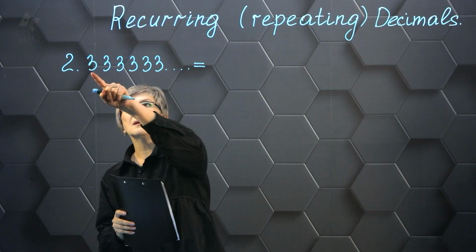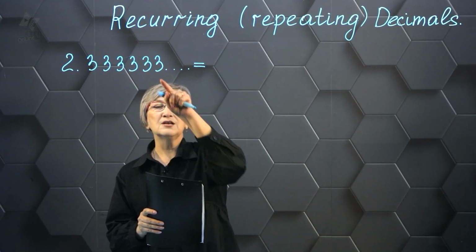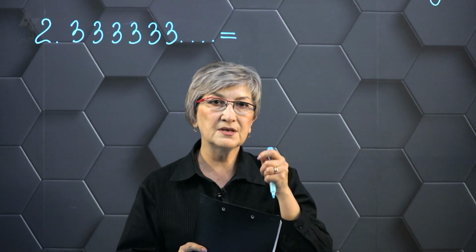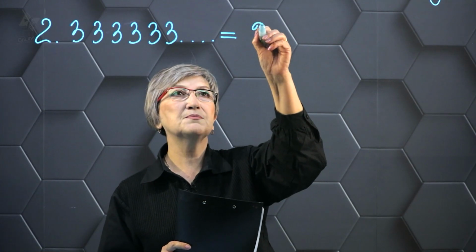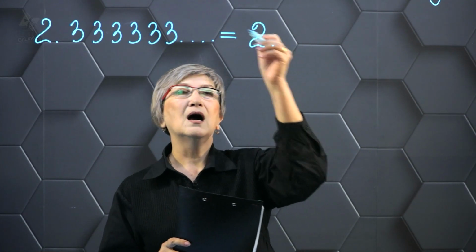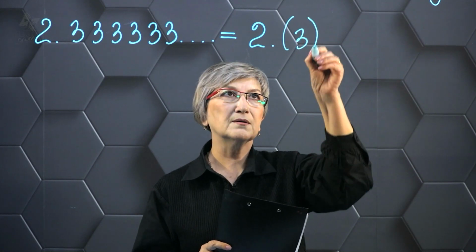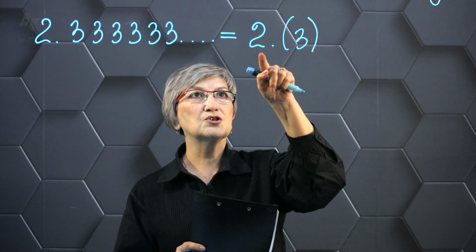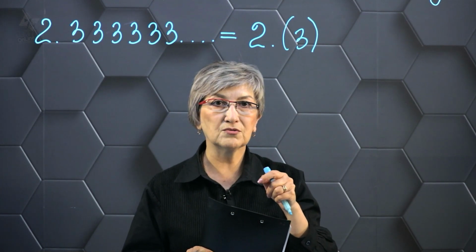In our number, the number 3 is repeated an infinite number of times, so we'll define this digit 3 as the period of this number. So I'm going to write down two integers, and I'll write the number 3 in parentheses. And this entry will denote that this number is two integers and the number 3 in the period.